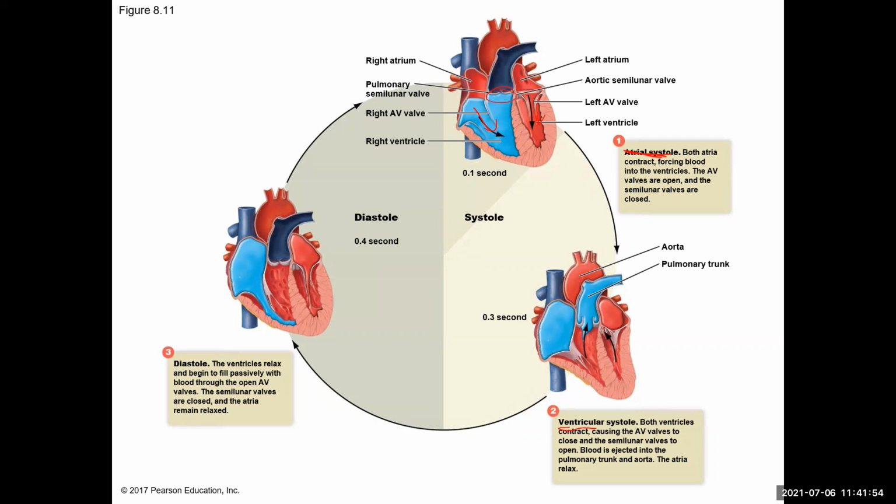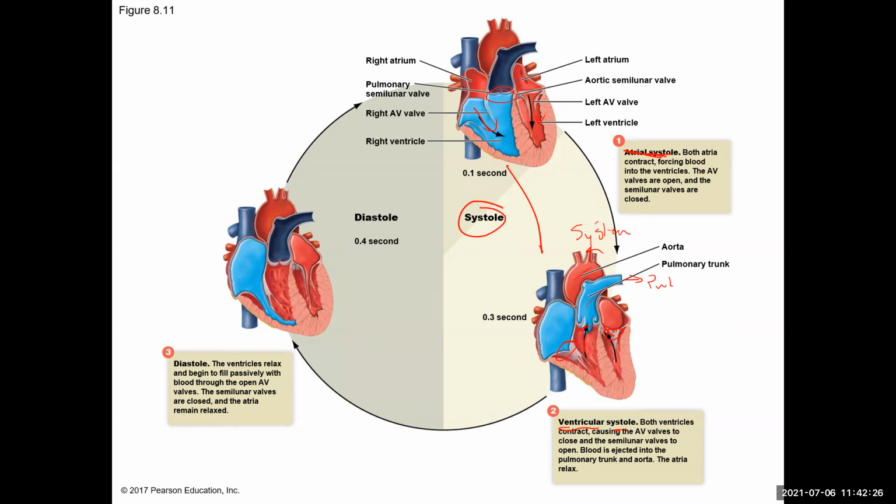After that, you have your ventricular systole, where the ventricles contract, your AV valves close, keeping the blood in the atria, and then your semilunar valves open, allowing the blood to enter the pulmonary trunk and the aorta to go to the pulmonary circuit and the systemic circuit. Okay? And so this is the systole. Okay, so that's the contraction phase of the cardiac cycle.